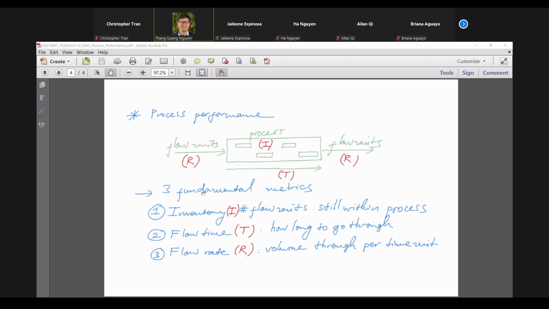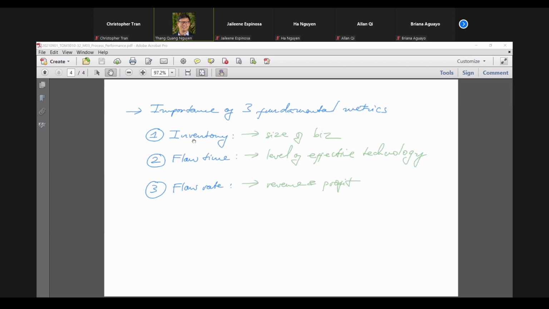They are important because the inventory is related to the size of the business, and you need to make big decisions on your business, like expanding it. The flow time reflects the total level or the effective level of technology that you have. If you want to cut the flow time, maybe you have to use better technology or have more resources.